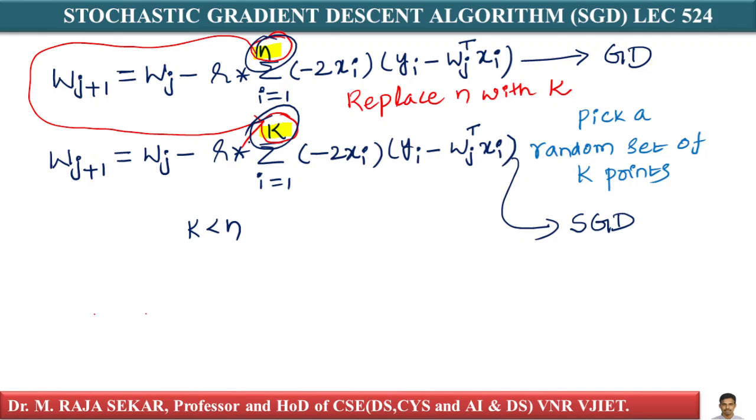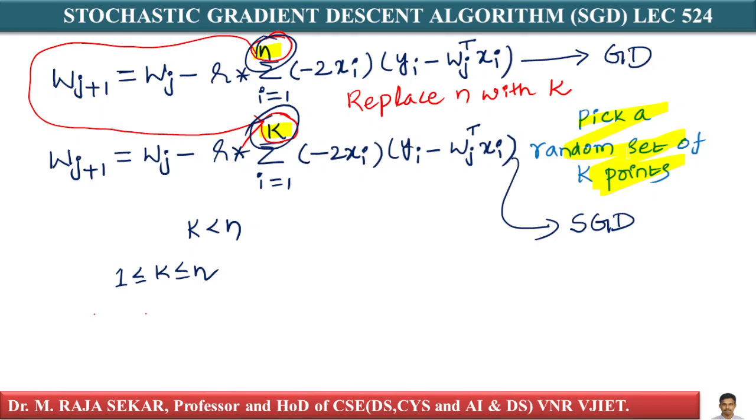Instead of using all the points, pick a random set of k points. That's important. Instead of using all the points, we are picking a random set of k points. Remember, k can also be 1, or k can be n.